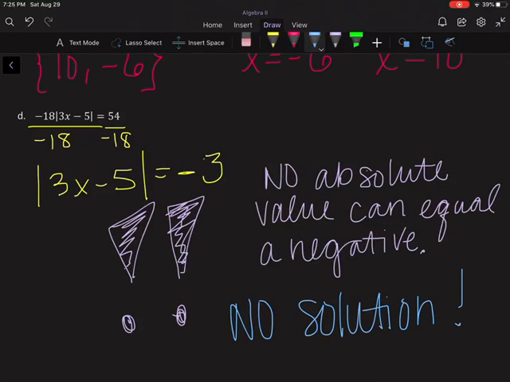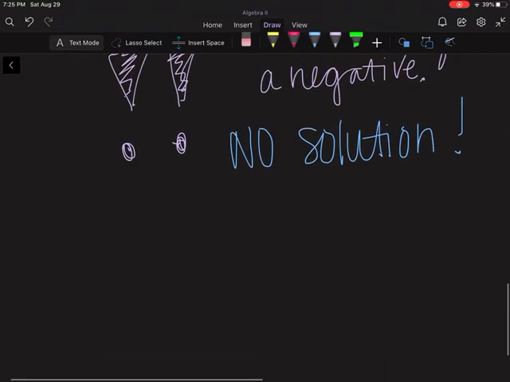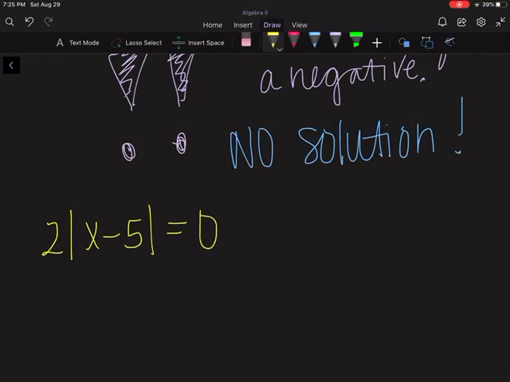Okay, so we saw 4 different types, and it's pretty simple, and we know that we're going to have either 1 or 2 solutions or no solution. There is a case, I guess I'll go ahead and just write that real fast. The case where there is 1 solution is if I were to have something like this.